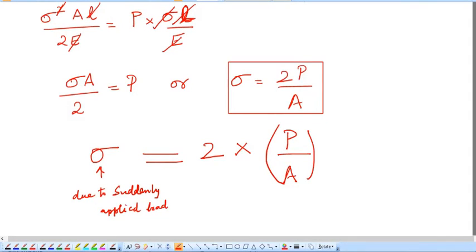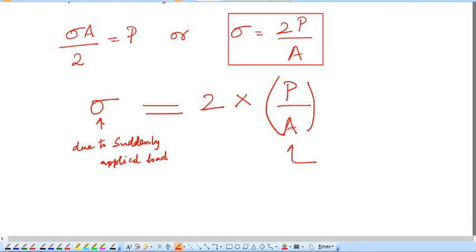This load by area is the stress when the load is applied gradually.